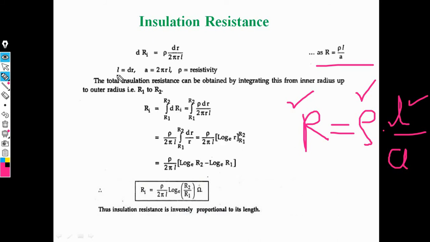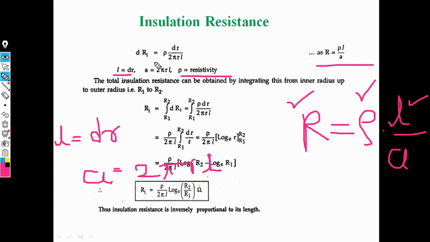Here L is equal to dr, as shown in the previous diagram. The cross-sectional area A is equal to 2 pi r L. This is the cross-sectional area, r is the radius of the conductor, L is the length of the conductor, and rho is the resistivity.